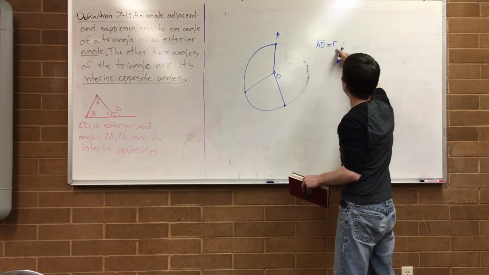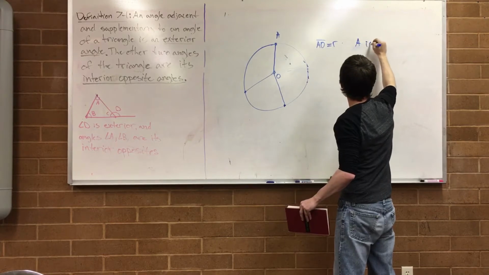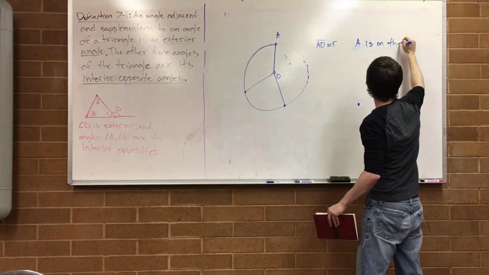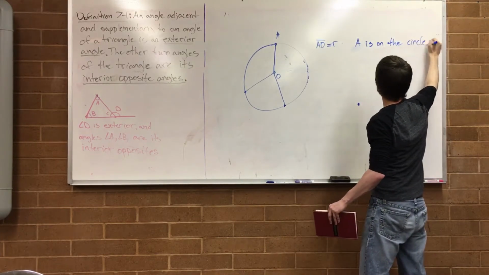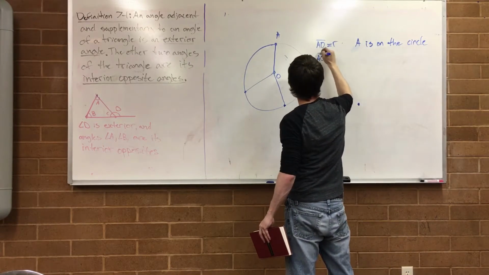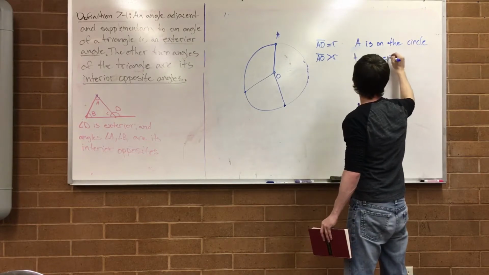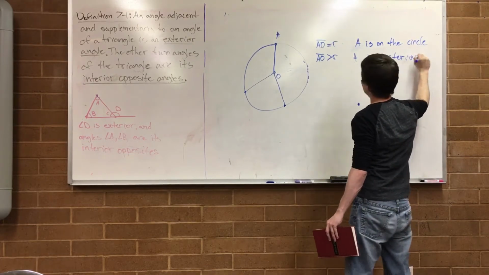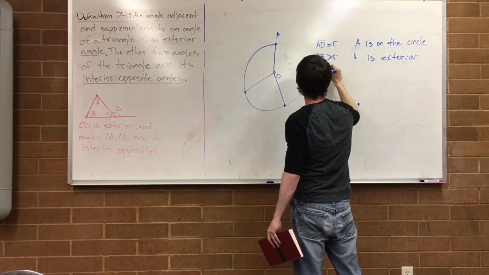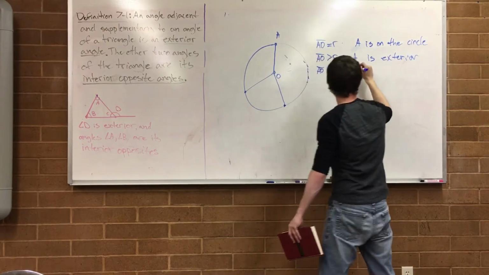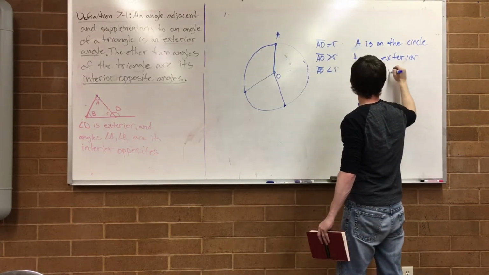So if AO is equal to R, A is on the circle. If AO is greater than R, A is exterior. And if AO is less than R, A is interior.